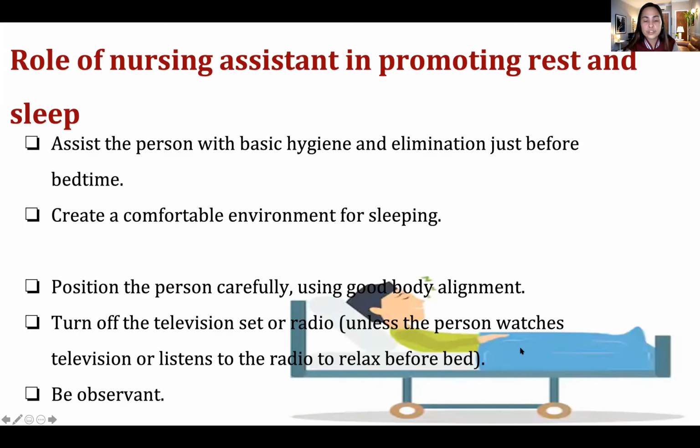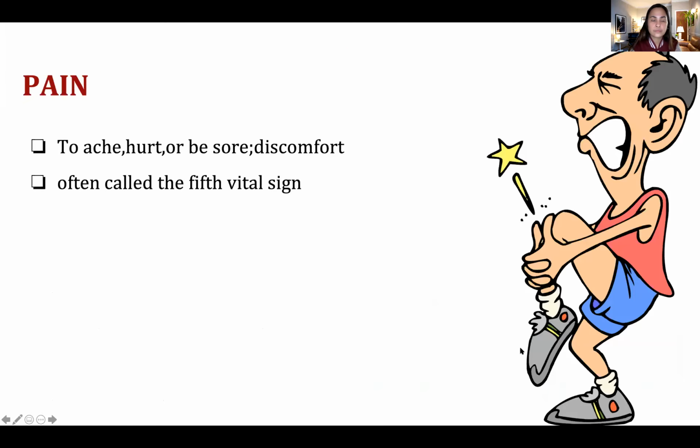Position the person carefully using good body alignment. Okay, we have different basic positioning that I've told you, so you can position the patient in whatever position is appropriate for him. Then turn off the television set or radio unless the person watches television or listens to the radio to relax before bed, and be observant.